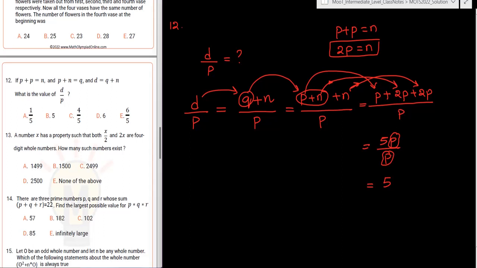Of course, P cannot be 0. You cannot divide by 0. The question doesn't say it, but I think we have to make an assumption that P is not equal to 0. So the final answer is 5. Choice B. That is the correct answer.